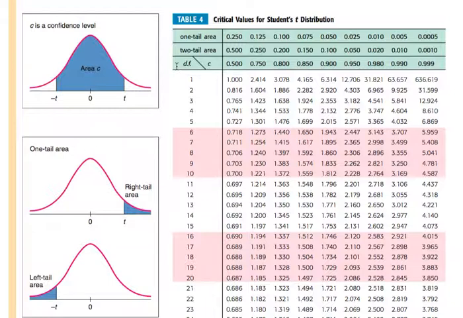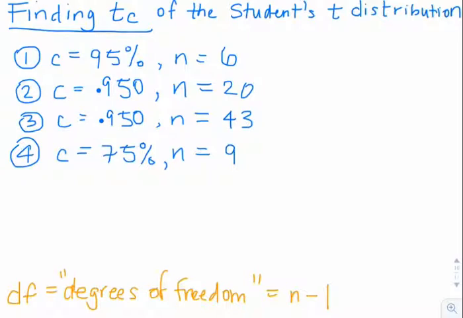So let's look back at our first question and see how to use this. The first one says that your C is 95% and n is 6. The first thing we need to know is your degrees of freedom. DF, it says down at the bottom, is n minus 1. So this is 6 minus 1, which is 5.